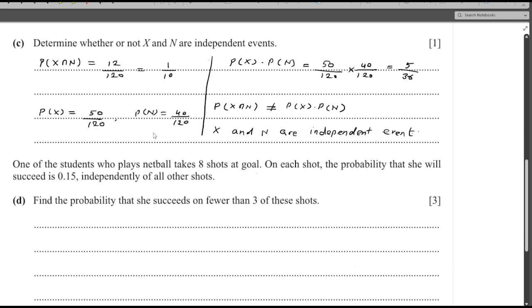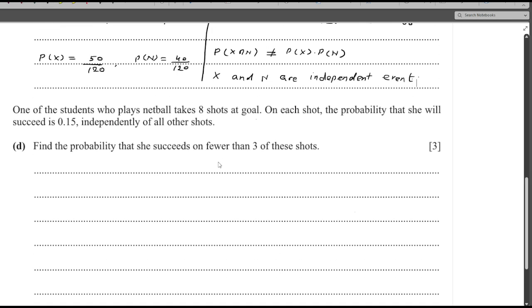Now one of the students who plays netball takes 8 shots at goal. On each shot, the probability that she will succeed is 0.15, independent of all the other shots. So here the probability of success is given as 0.15, and the total number of shots is 8, so n is 8.